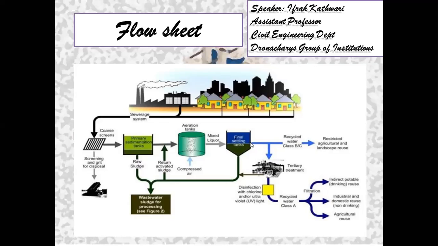Or else we can treat it further to make it more suitable for other purposes, for which we go for the tertiary treatment. This tertiary treatment involves biological and chemical treatment, wherein we treat the water with biological processes and chemical processes.